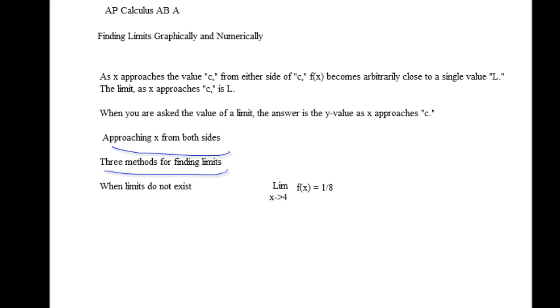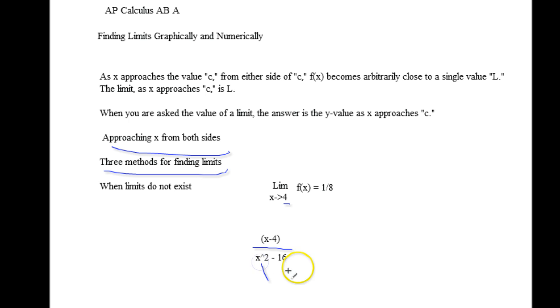So this actual one that we just worked with, let's say we wanted to find it algebraically. It was x minus 4 on top, and on the bottom we had x squared minus 16. Normally you could plug in, if you're finding the limit as x approaches 4, and get the value.